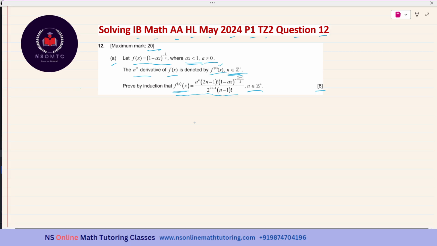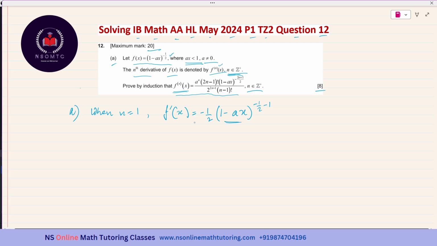When n equals 1, f dash of x is equal to, this power will be coming down, minus half, and (1 minus ax) raised to the power of minus half minus 1, and then I'll be differentiating this part.